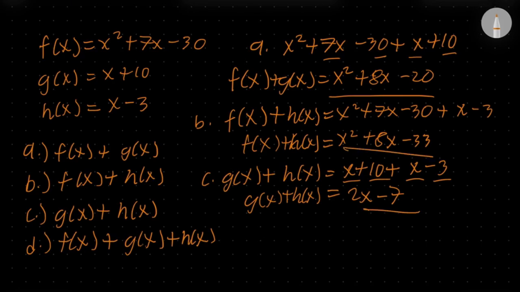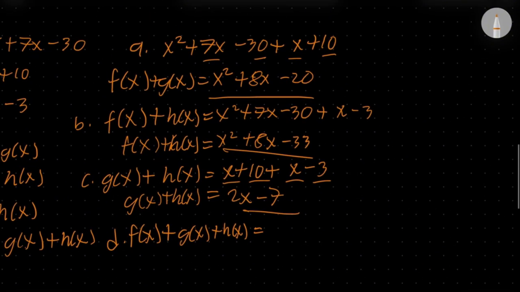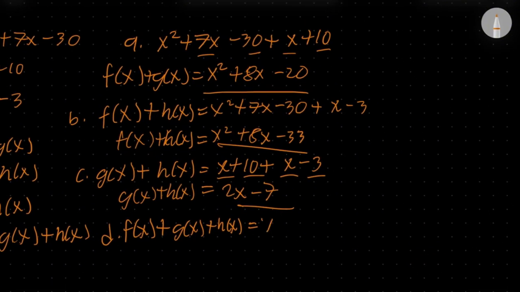Now let us proceed to the last letter, which is f of x plus g of x plus h of x. It's gonna be quite a long one. X squared plus 7x minus 30 plus x plus 10 plus x minus 3.